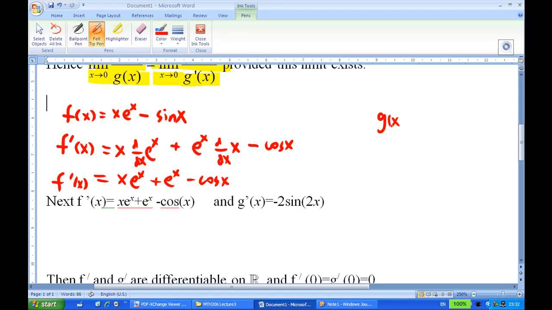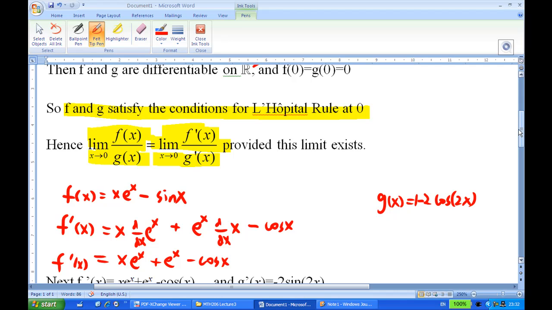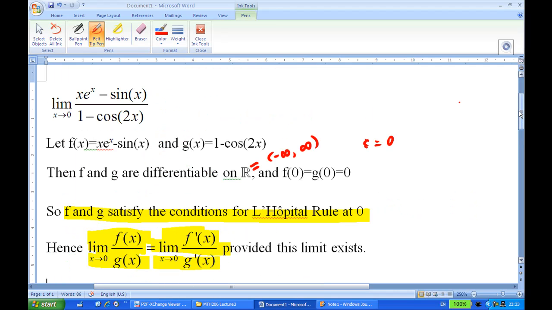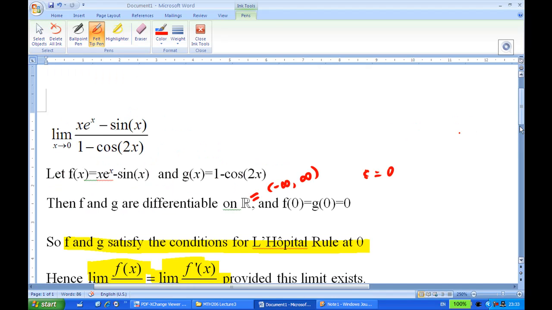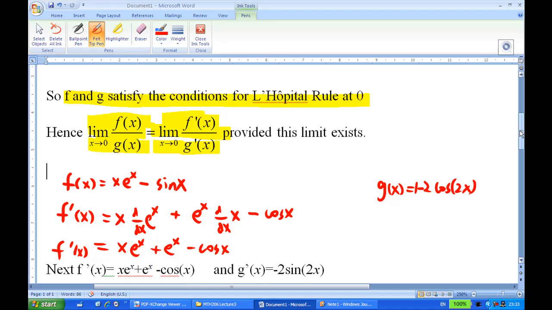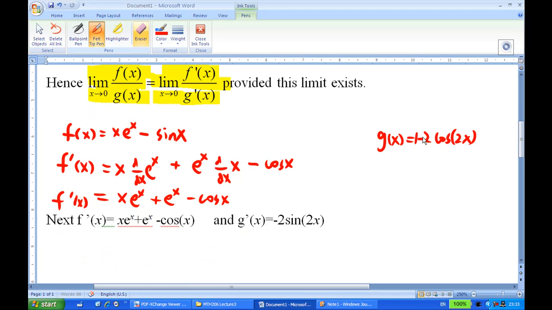Now g(x) is 1 minus cosine 2x. So g prime x: differentiate 1 and you get 0, differentiate cosine and you get minus sin, then differentiate 2x to get a 2.